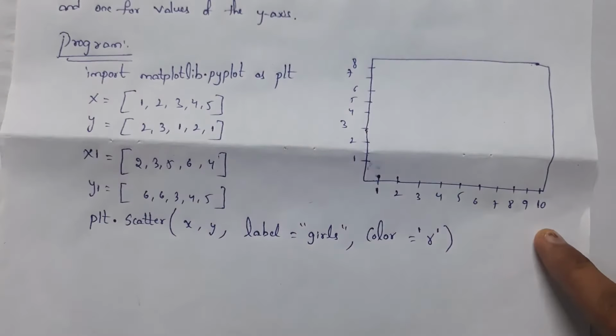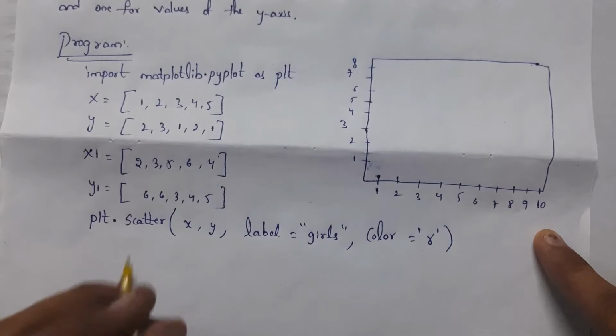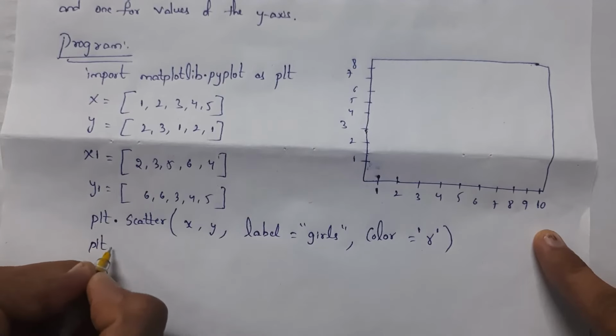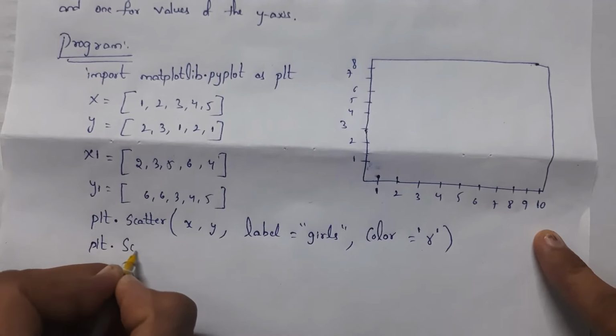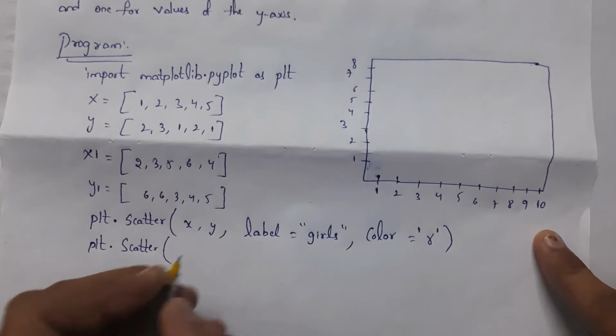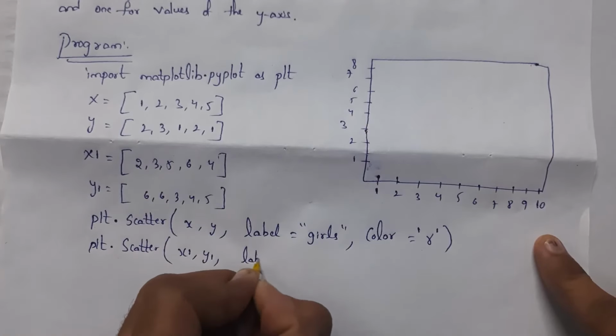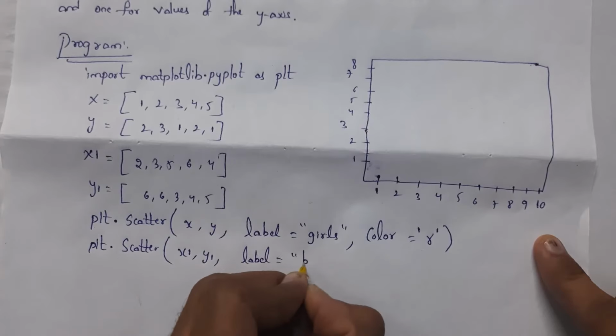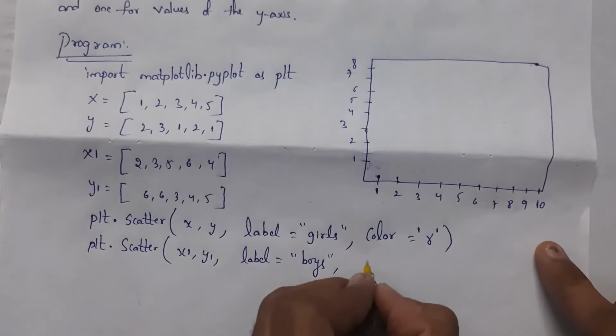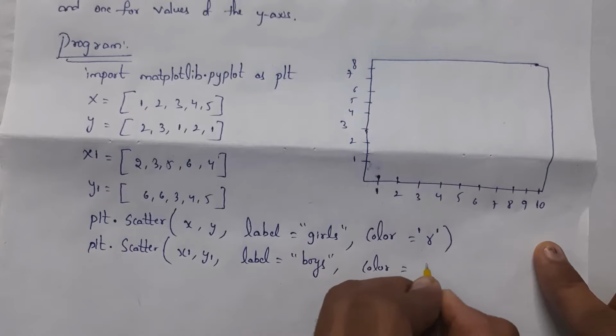So this x and y. And similarly x1 and y1 is for boys. So write here plt, which is module name, dot scatter of x1 comma y1 comma label equal to boys in quotations comma color equal to blue.